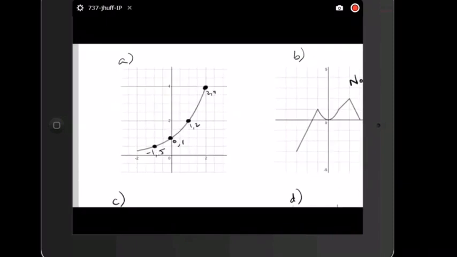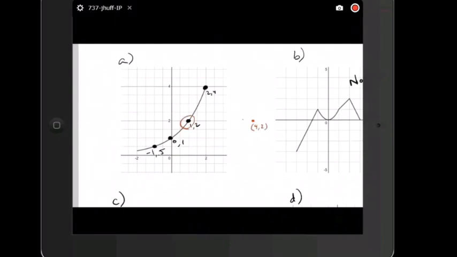So when you find the inverse, you switch the place of x and y. This point, for example, let me get a different color. This point here would become the point 4, comma 2, which would be about right here.